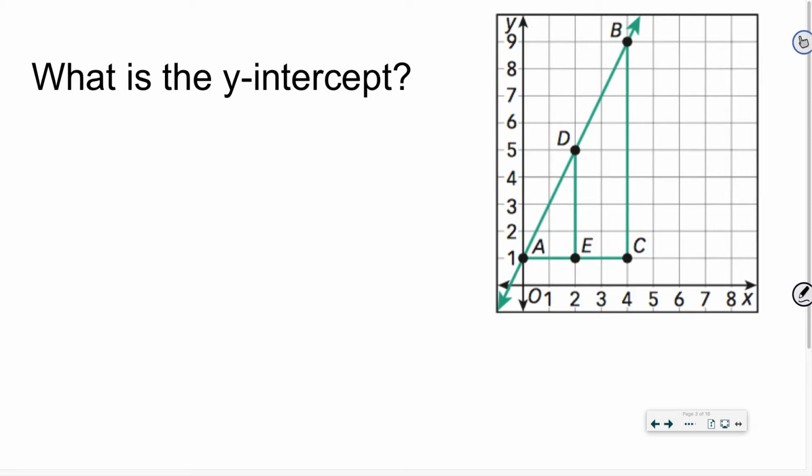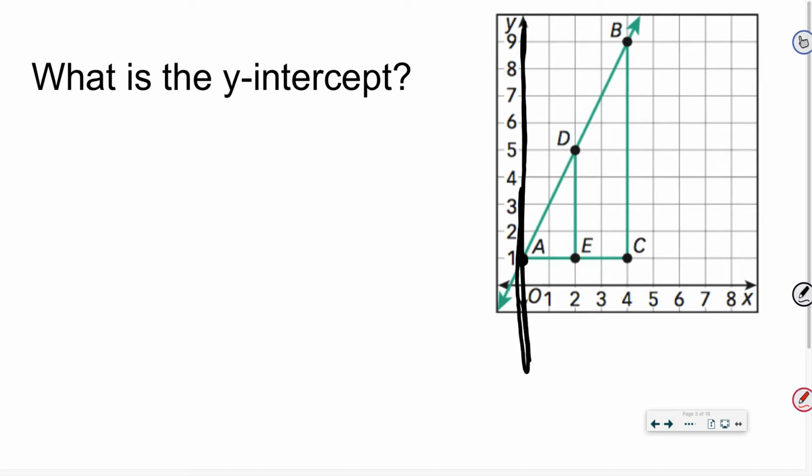If I'm passing a ball to Jordan, what would someone have to do to intercept the pass? Go in front of her and take it. You'd have to cross our path, right, in between there. So if you think about this axis, our y-axis, what do you think it means to talk about a y-intercept?